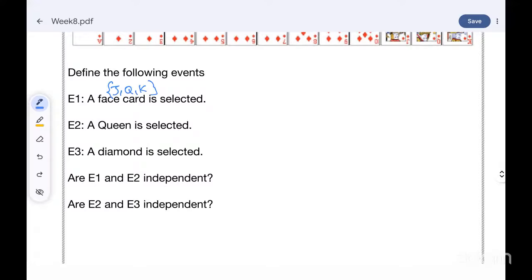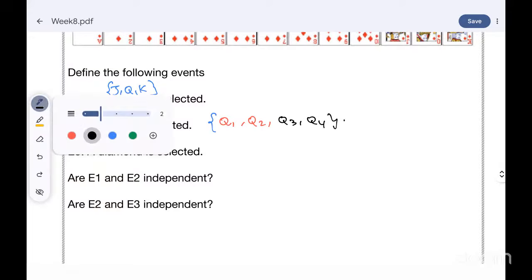You have 4 queens, 2 red and 2 black, right? And diamond, how many do you know?